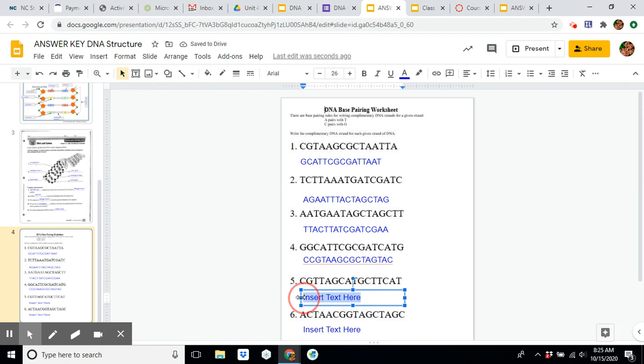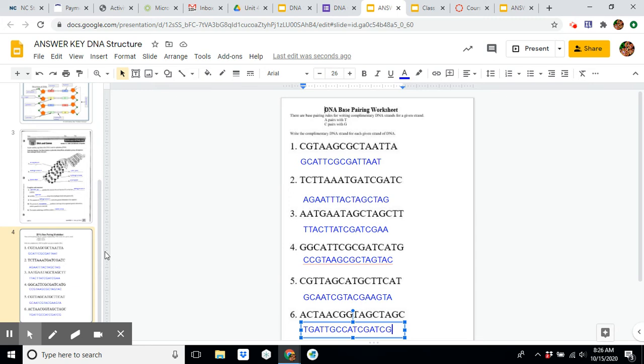Doing all right? You getting the hang of this? So take a second and check your numbers 1 through 6.